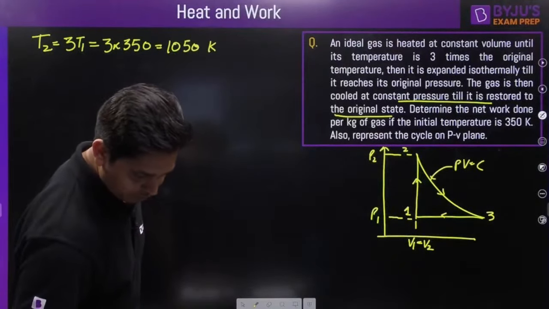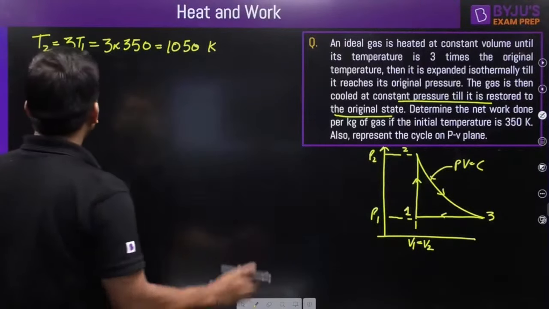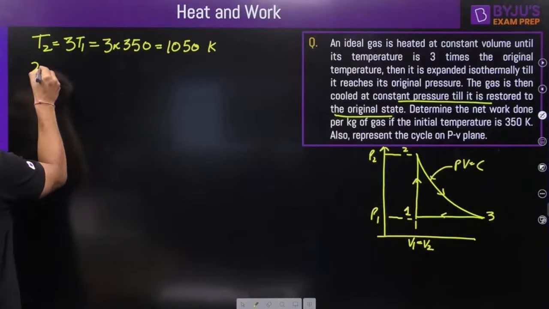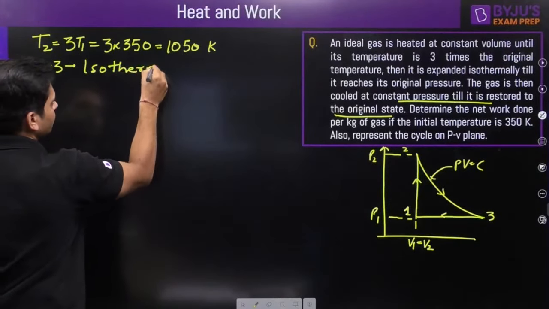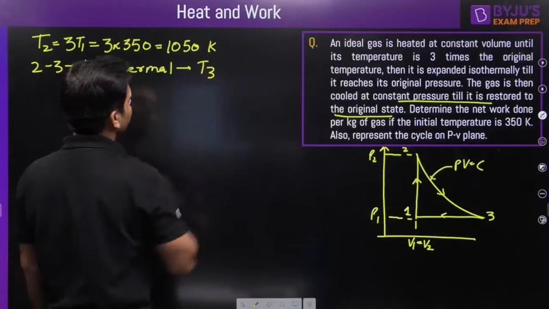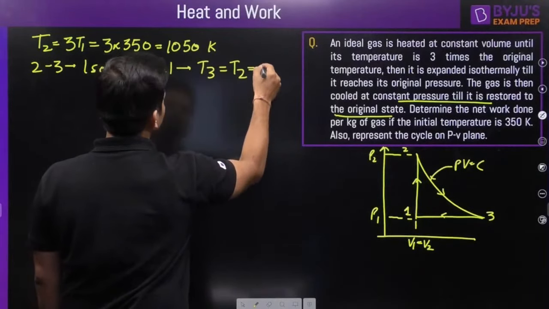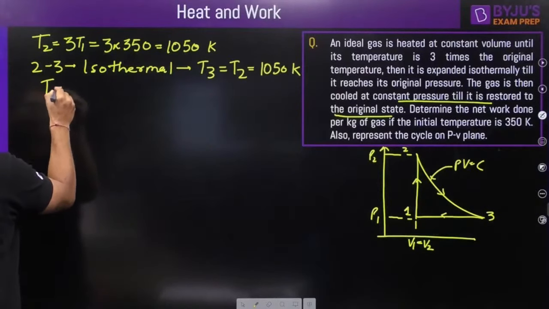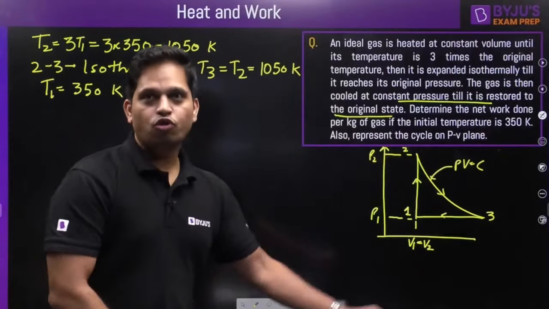So I know T2, I know T1, and T3, because 2 to 3 is an isothermal process. So T3 is also known to me. T3 is equal to T2, which is equal to 1050 Kelvin. T1 is equal to 350. Very quickly, okay, so what do we have?